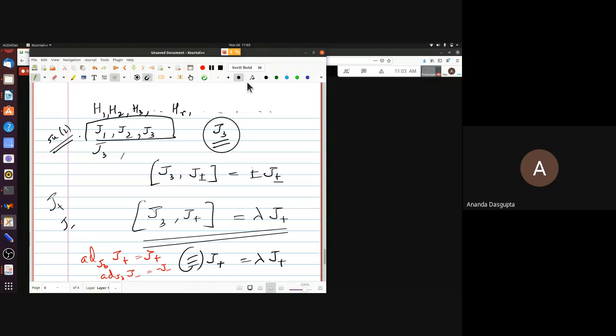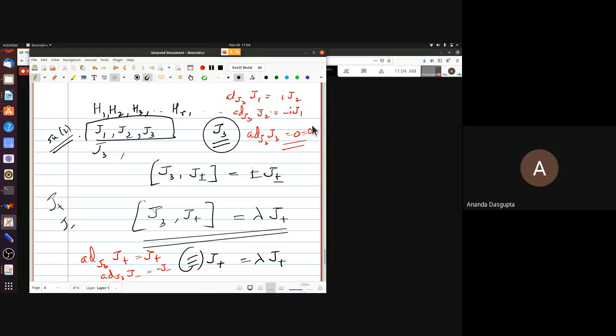And we know what the rules are. ad J3 acting on J1 gives you [J3, J1] is iJ2. ad J3 acting on J2 is minus iJ1. ad J3 acting on J3, of course, is 0. So you already have one eigenvector of ad J3 staring at you in the face, because 0 is, of course, 0 times J3, right? So that's one eigenvector of the operator ad J3 gone.